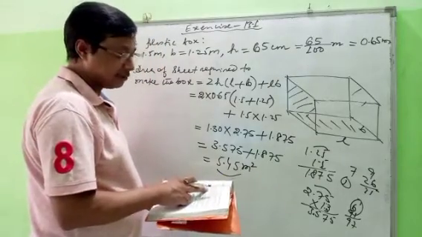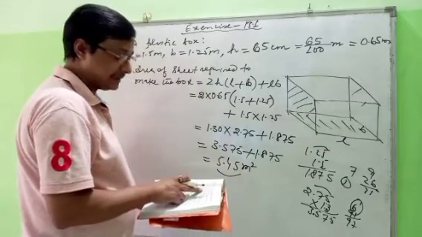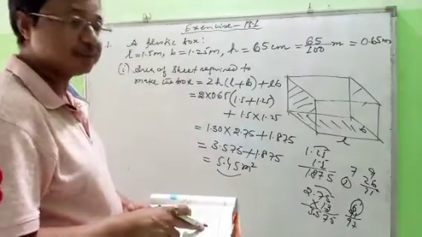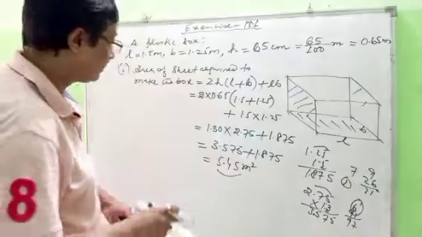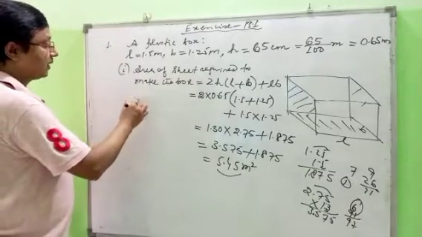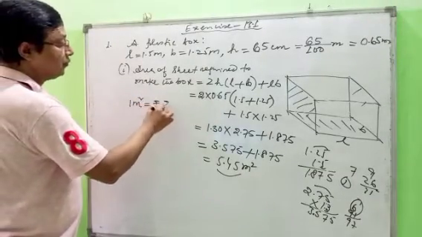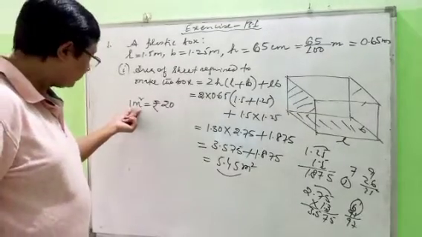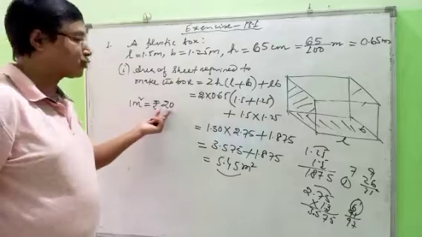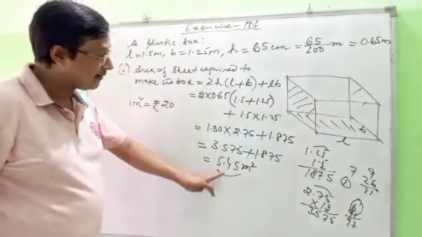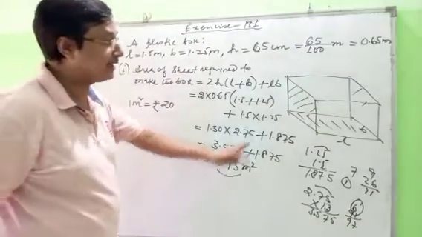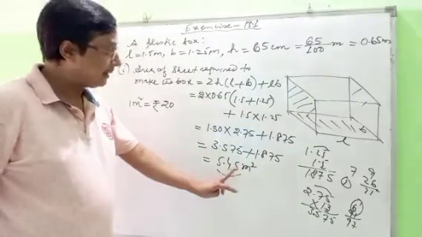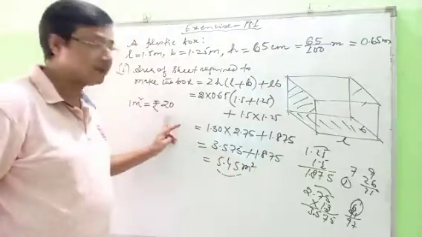So 1 meter square costs 20 rupees. If you go to buy the plastic sheet, then 1 meter square will cost 20 rupees. So now the total area of sheet used in making this box is 5.45 meter square. So the area is more, so the cost will increase.